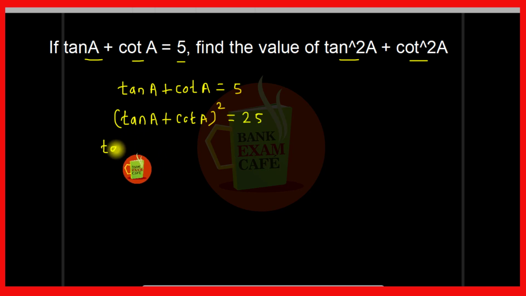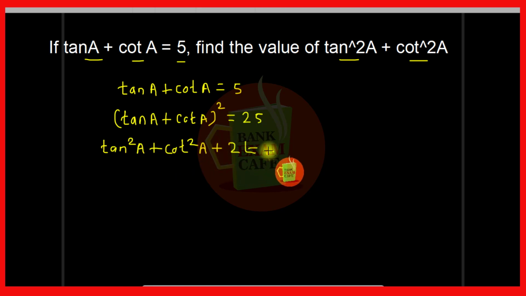So you will get tan square A plus cot square A, that is A square plus B square, plus twice of AB, that is tan A into cot A, which is equal to 25.